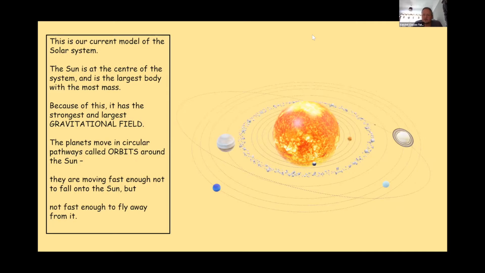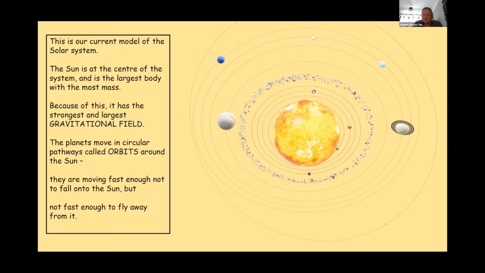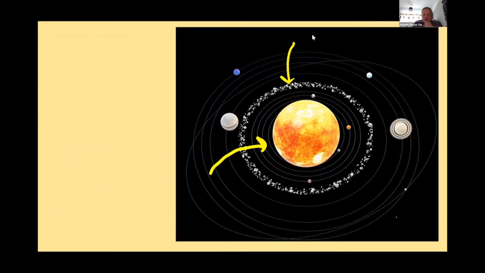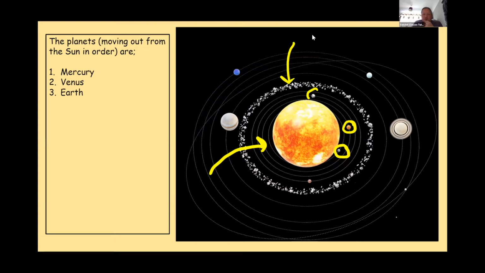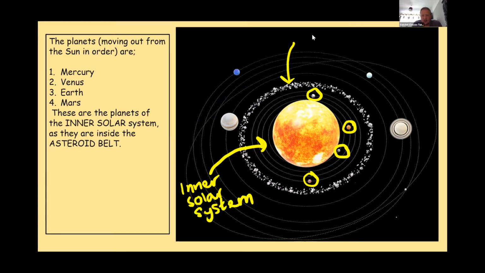Mercury, which is this planet here, closest to the sun. Venus, the second planet. Earth, our third planet from the sun. And Mars. Now, these are the planets of the inner solar system, and they're present inside the asteroid belt. That's the marker for the inner solar system.